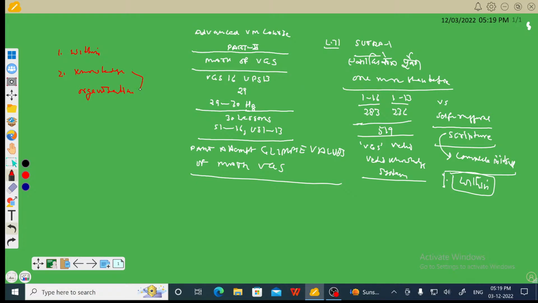It means that the text as is composed, and as the organization of the composition is, it becomes the foundation upon which the superstructure will be there.